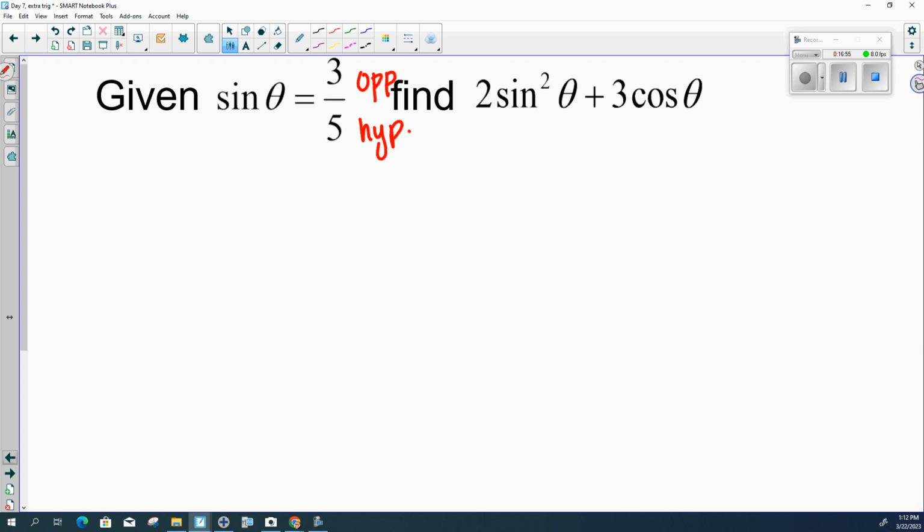And actually, let me pause. Do this one in your notes, because we're just doing the one, I think. So write this one down. Given sine of theta is 3/5, find 2 times sine squared of theta plus 3 times cosine theta.